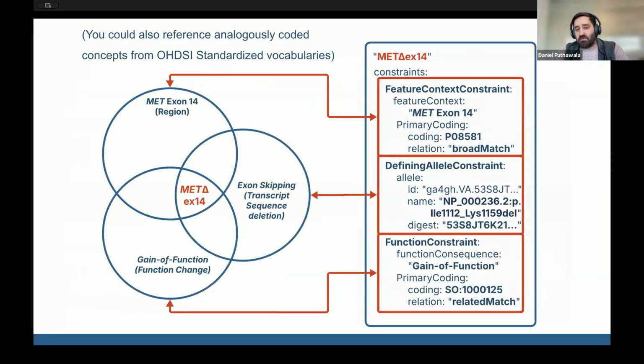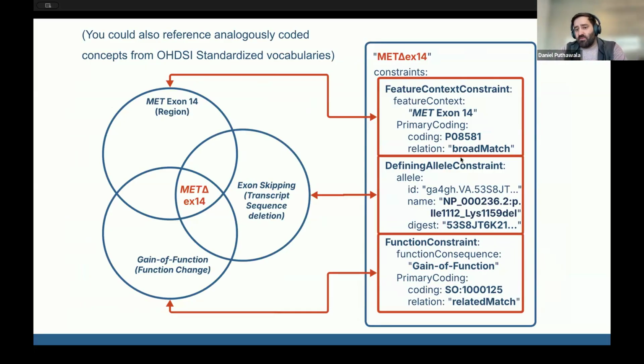So to go back to this example, actually, if you imagine that someone was reading a journal article and it said, "Hey, in conclusion, MET exon 14 variants are associated with X, Y, and Z." If that paper doesn't tell you what version of MET you're talking about, doesn't cite an HGNC ID or an Ensembl ID or a transcript, you might not know what the coordinates are for exon 14, right? If you do, great, we can be specific.